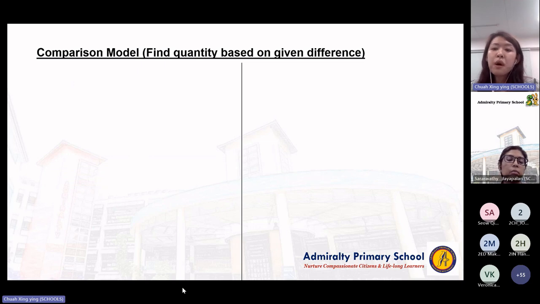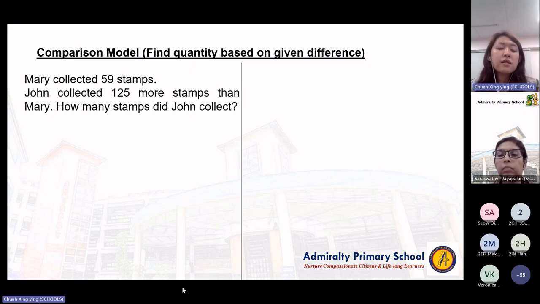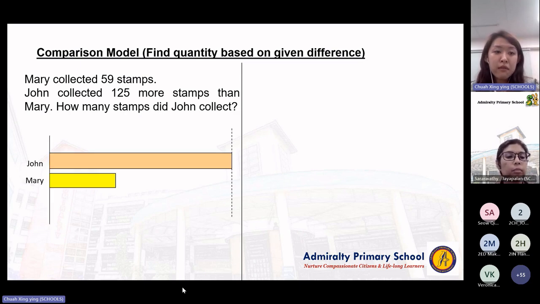Then we will move on to comparison model, finding the quantity based on given difference. This is a typical primary 2 question. Mary collected 59 stamps. John collected 125 more stamps than Mary. How many stamps did John collect? So we will draw John and Mary. We know Mary has 59 stamps.